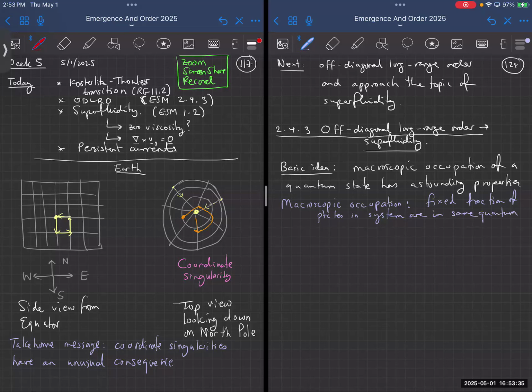The important thing here is that it's a fixed fraction and not a fixed number. It has to be a fixed fraction so that as we take the thermodynamic limit, this effect doesn't go away. Usually when we're thinking about macroscopic occupation, we might be thinking of this as being the ground state.